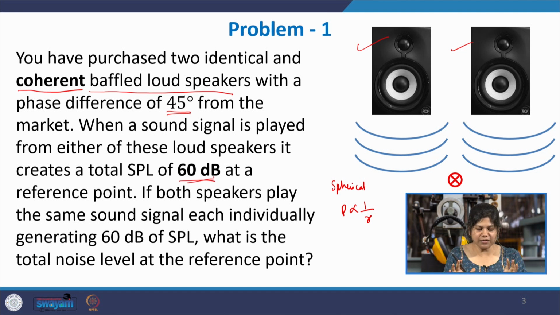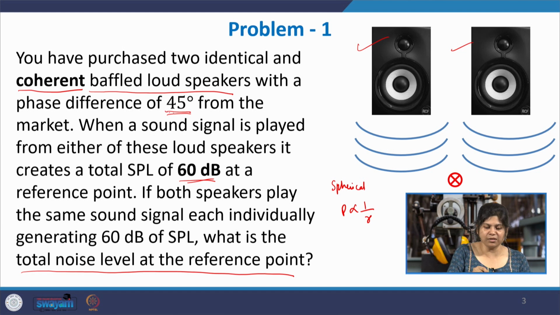Now both are placed together side by side, each individually contributing 60 decibels. What would be the total noise level due to both speakers running simultaneously at a phase difference of 45? This is about addition of noise due to two coherent sources where the phase difference is given.